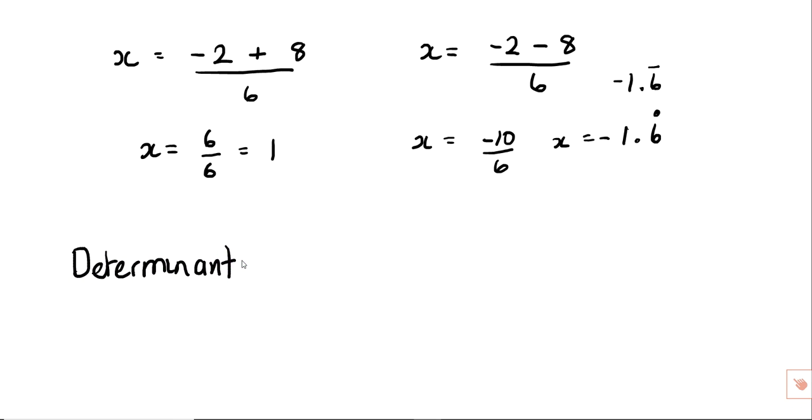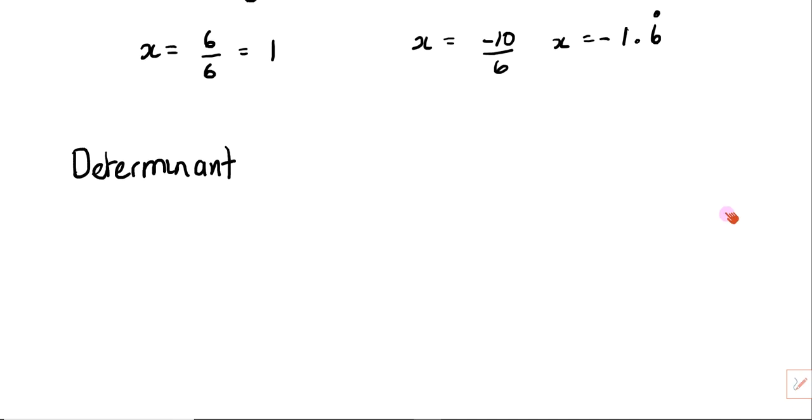Okay. Do you remember what the determinant was? We did talk about it briefly yesterday. Yeah. So that would determine where the parabola is on the y-axis. Actually, that's not why I would be calling it a determinant. Do you know what the determinant is?